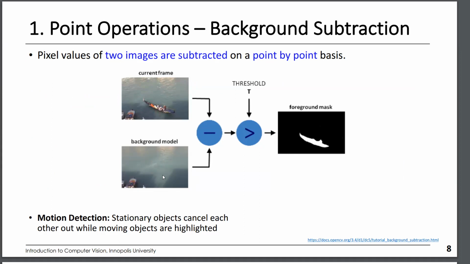We take this point, subtract it from this point, there is some change, meaning something moved or was introduced in this area. So it's based on this notion for motion detection that stationary objects cancel each other out while moving objects are highlighted, right? If you take, for example, frame number 50 and frame number 0, you can easily find out which objects are new inside the image.